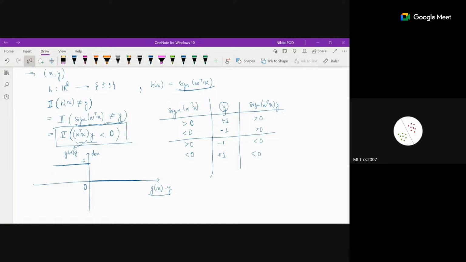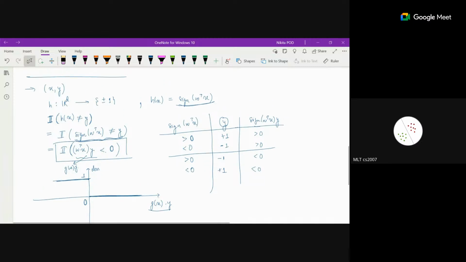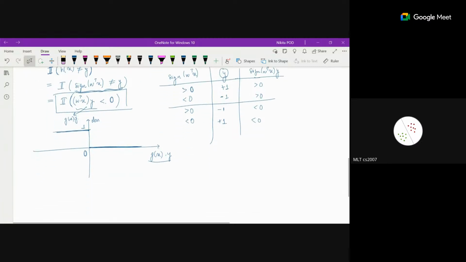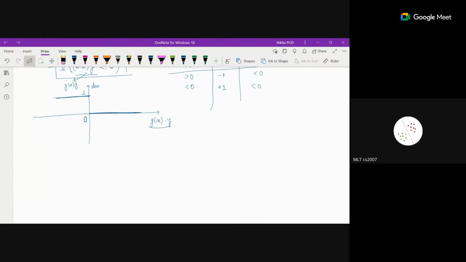So now we want to find some approximation of this loss which can be used to deal with this NP-hardness of the classification problem. The first way that we are going to look at it is through regression. The very first algorithm that we're going to look at is regression. Can we use this regression loss to solve this classification problem?